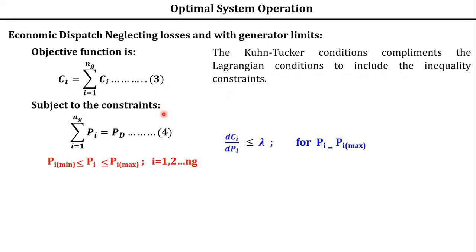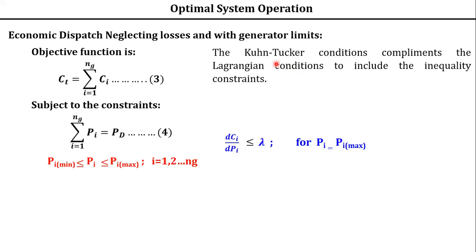Now we got an additional constraint. So how to handle it? You apply Kuhn-Tucker conditions, so that will complement the Lagrangian conditions we studied in the earlier case. This will include the inequality constraint. That means how to include this inequality constraint? By applying Kuhn-Tucker conditions.